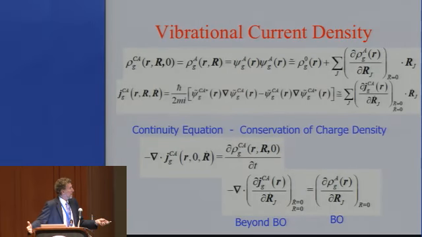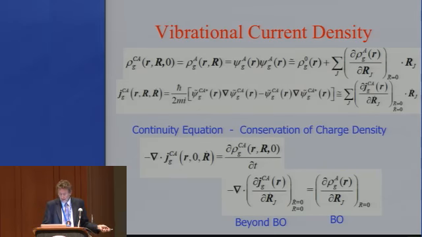So in the Born-Oppenheimer approximation, when the velocities are zero, the nuclei are fixed, there's no current. But we've shown formally through first-order perturbation theory that these two things are equal. The conservation law of current and charge density into a volume of space is conserved and equal. So the gradient of the current going into a volume element, this is beyond the Born-Oppenheimer approximation because it's r dot, is equal to the Born-Oppenheimer version.